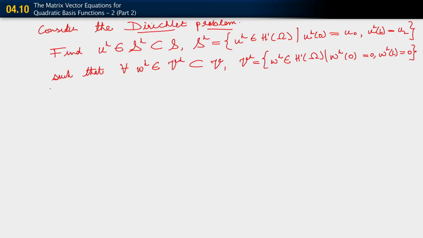What do we want to solve here? What has to hold is the following.